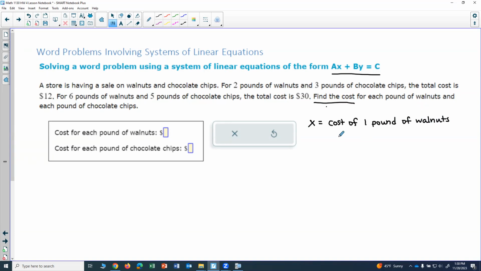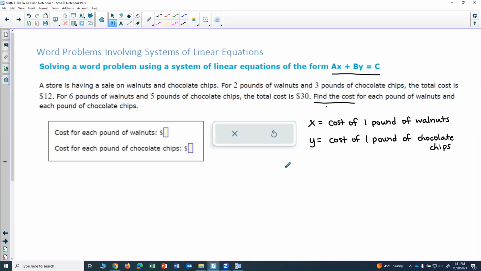So x is representing the cost per pound of walnuts, and I'm going to let y equal the cost of 1 pound, or cost per pound, of chocolate chips. So identify your variables first.